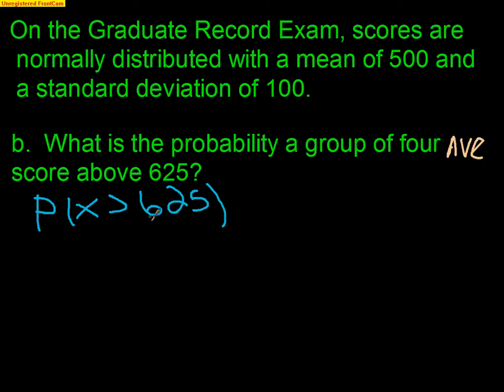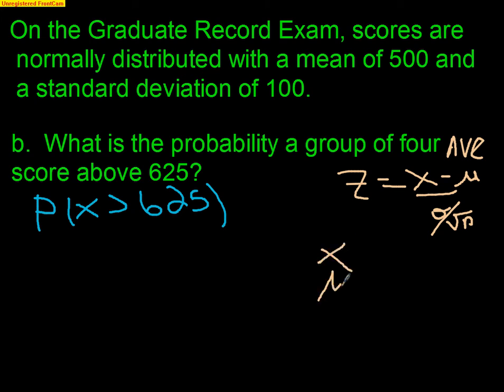So since this is a normal distribution, we have the same formula we have had before. Z is equal to x minus mu over sigma divided by the square root of n, which is our new formula, but really it's the same thing we've always known. So we have an x, a mu, a sigma, and an n. And x is usually the easiest one.